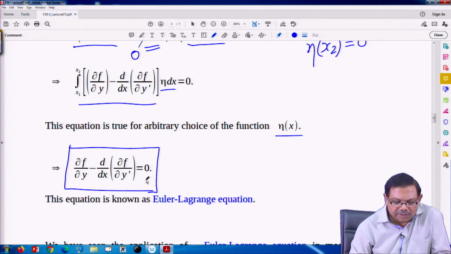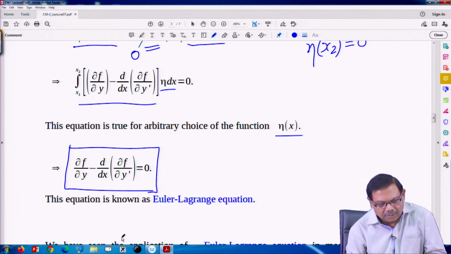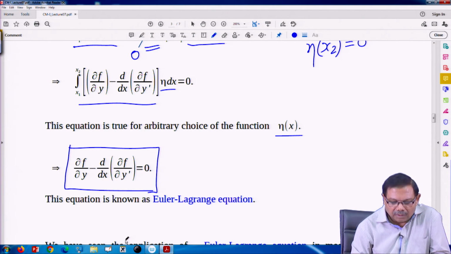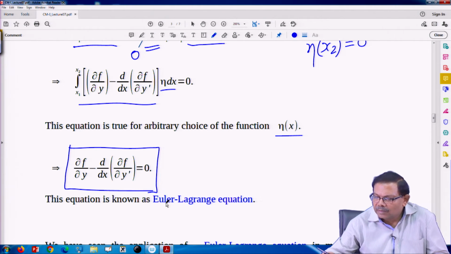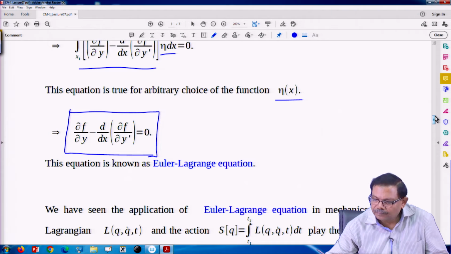So, this equation is what we call the Euler-Lagrange equation. In mechanics, sometimes we only say Lagrange equation, but actually this equation was contributed by these two people.